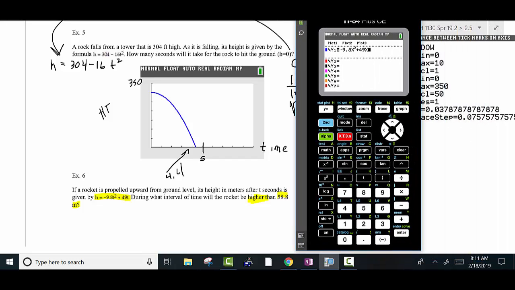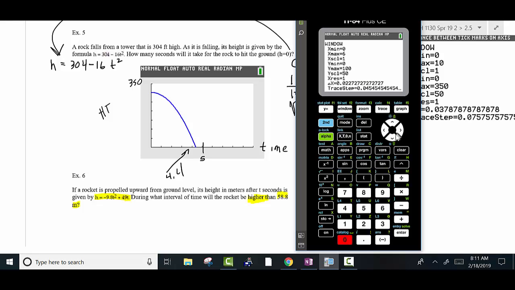We may have to adjust our window. If you use the same window from the last problem, that's not the greatest window, so let me have you adjust it a little. We can probably go out to maybe 6 for x, and then y can go up to 100.